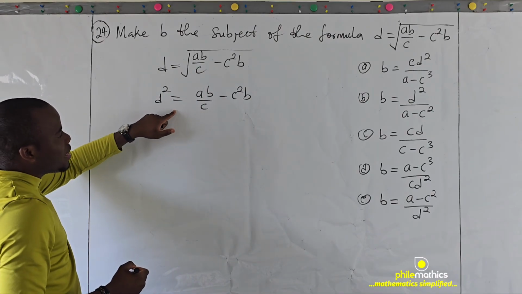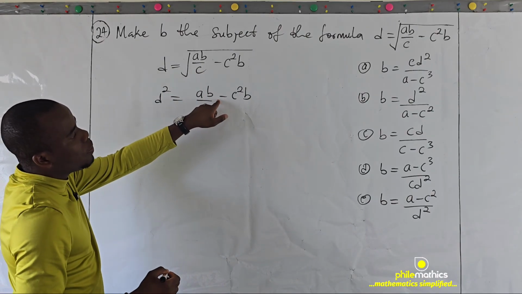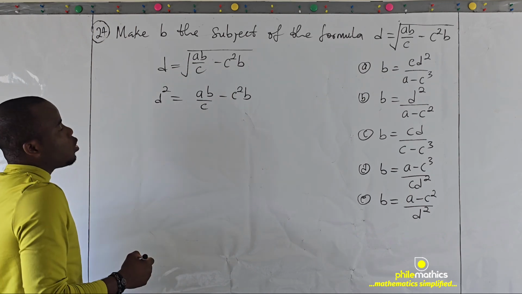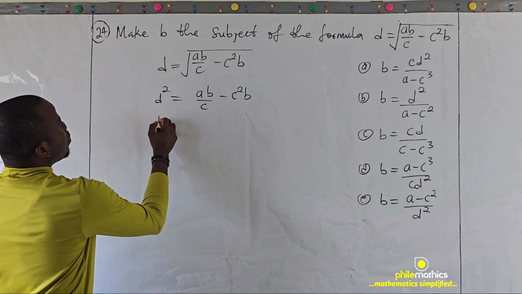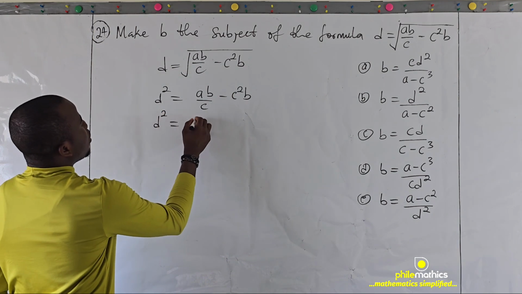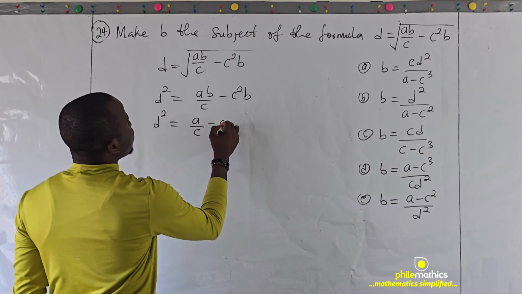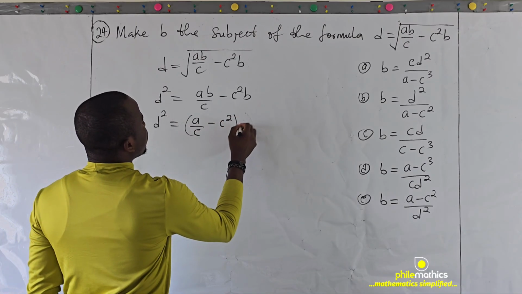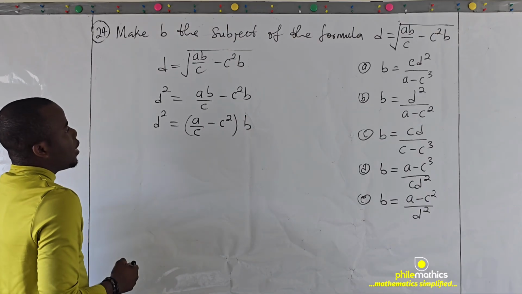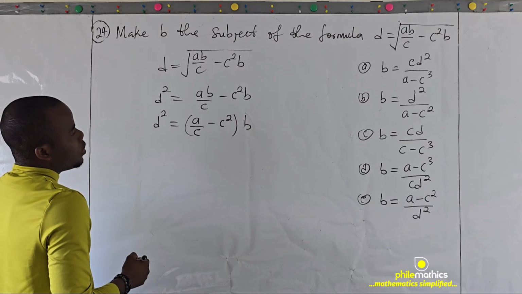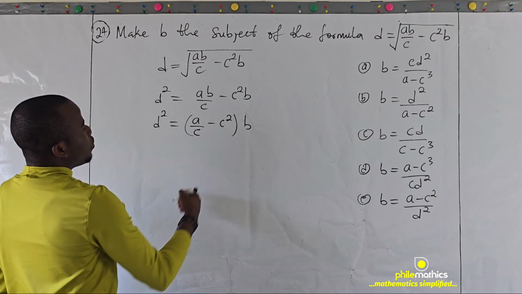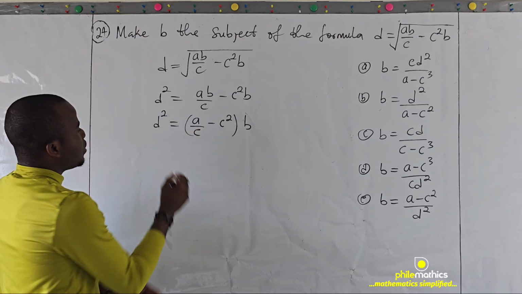And so the next is to factorize B, since we want to make it the subject of formula. So this is simply B times A over C minus C square. And then, since we are looking for B, let's simplify this.